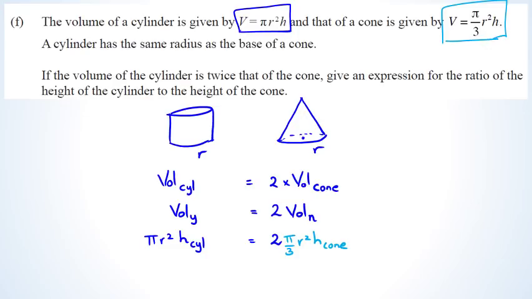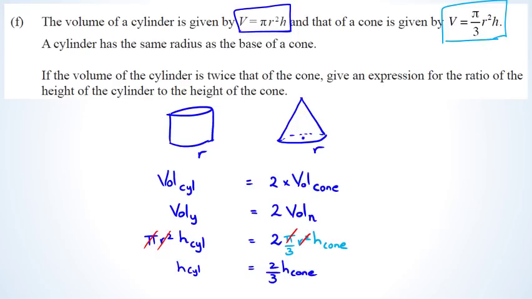Okay, so looking at it from here, I can start cancelling things out because I've got pi on both sides, so they cancel out. I've got r squared on both sides, they cancel out. So what I have is the height of the cylinder equals 2/3 of the height of the cone.